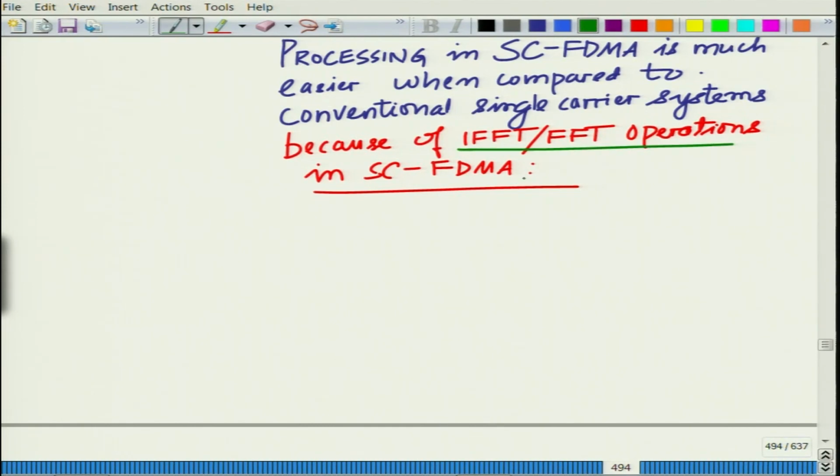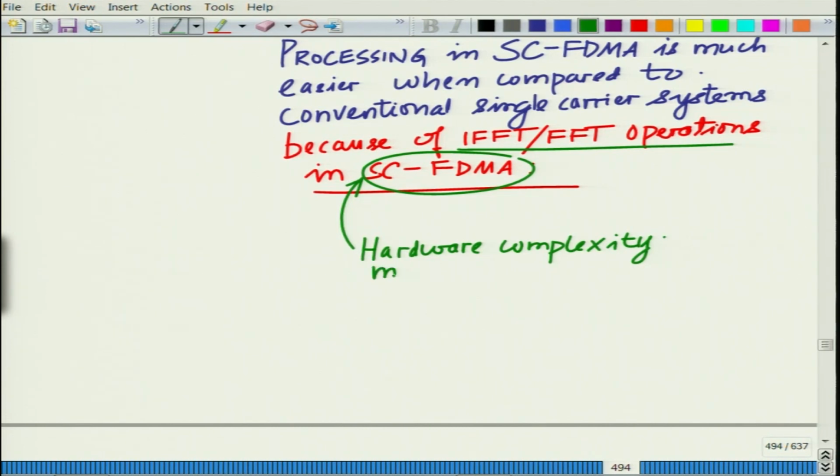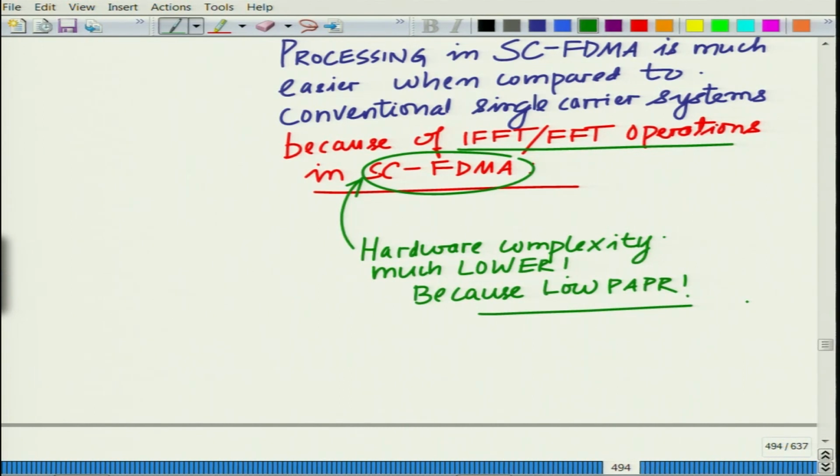SC-FDMA, because it is a single carrier system, has low PAPR, which means hardware complexity is much lower.